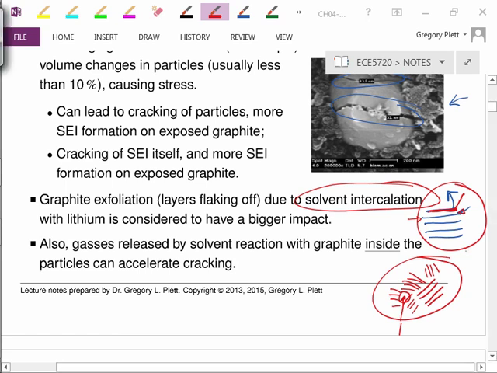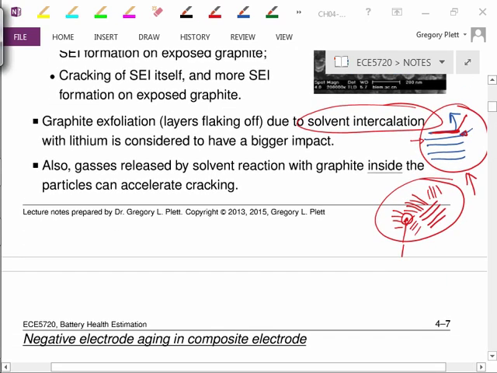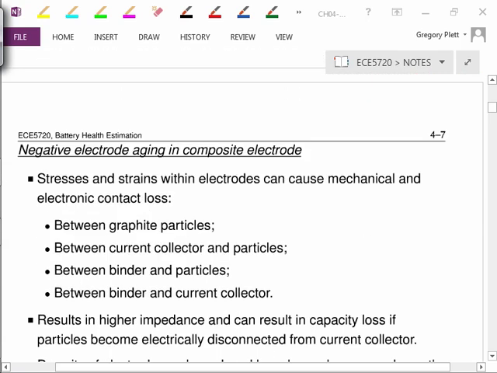So it's not quite as pretty as this, where I've just got pure layers of graphene together. If I did, these aging mechanisms would not be able to happen quite so well.